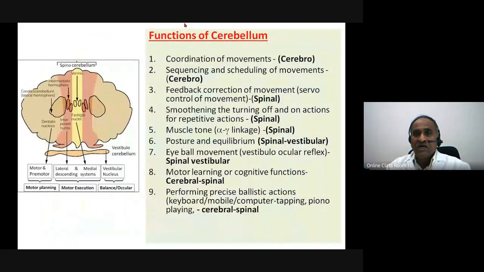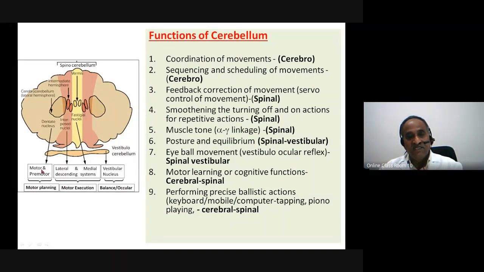Moving on, I have already mentioned on two or three occasions the functions of the cerebellum. Now again, it is the coordination of the movement. The coordination of the movements means the movements are planned, especially planned here.